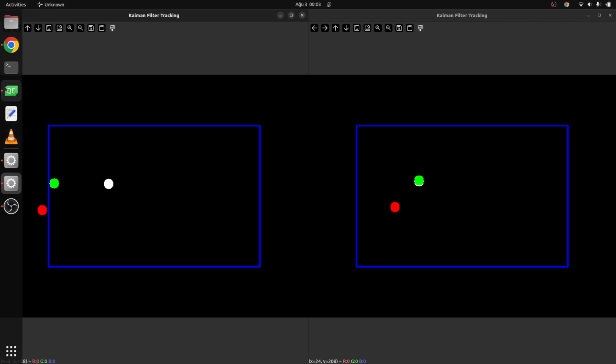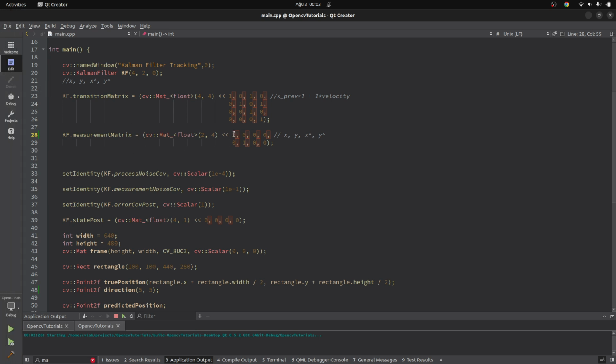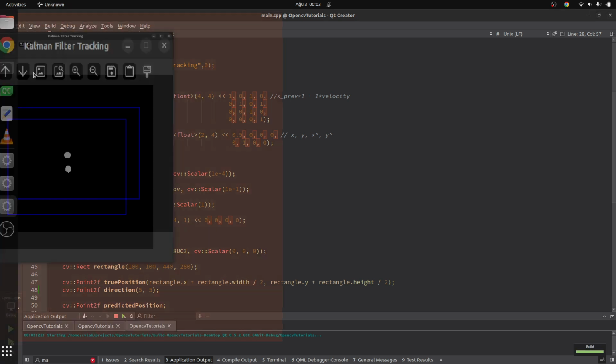So the first member of this row is actually just scaling. If you make it lower than 1, the expectation is that it should be on the right side of the ball always.